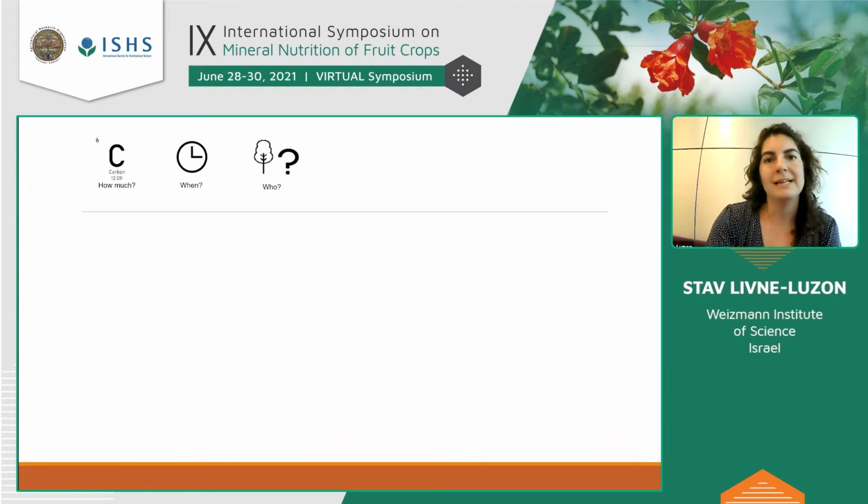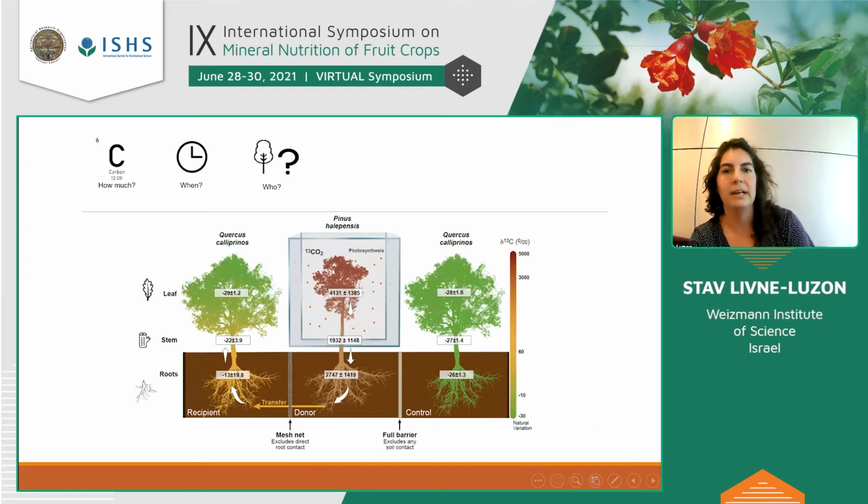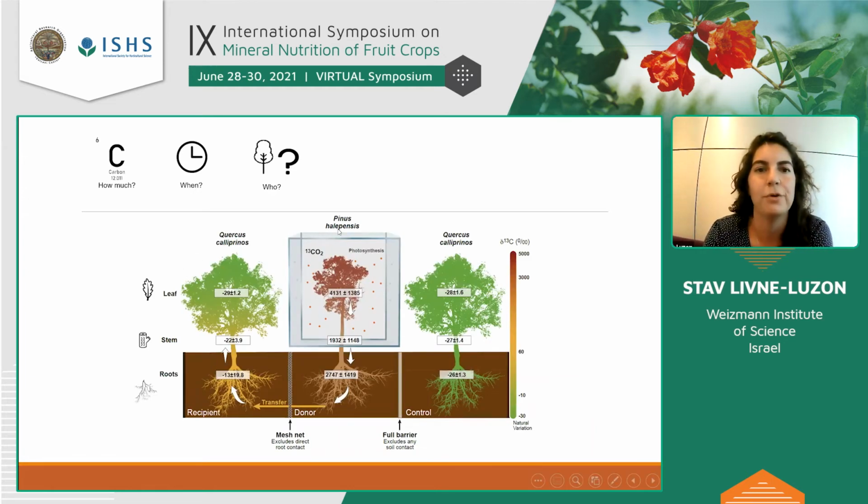I'm going to show you an example for one species combination, specifically from pine to oak. What I want you to see here is that as we move from green color to red color, it means that we have a label. The donor tree leaves were very labeled, and to a weaker extent, the stems and the roots of the donor tree.